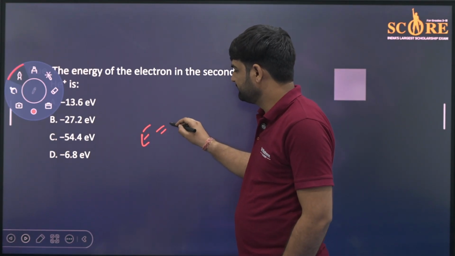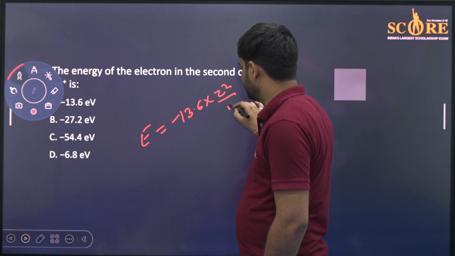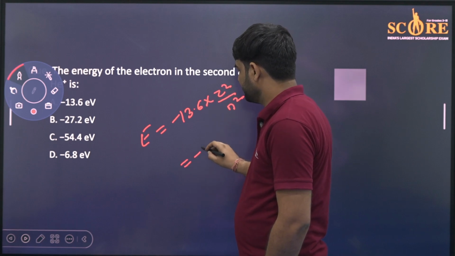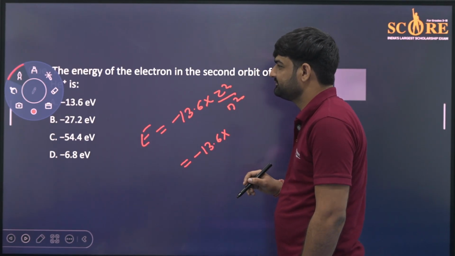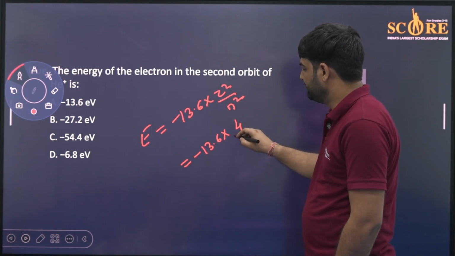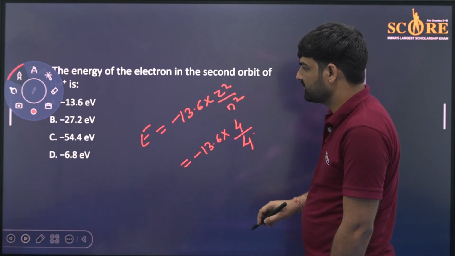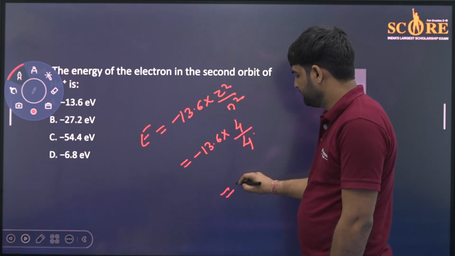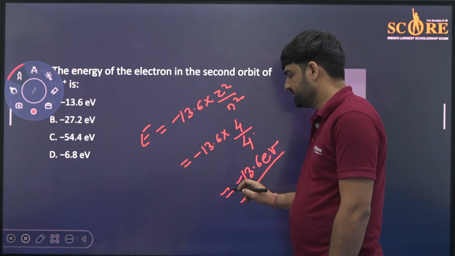Energy equals minus 13.6 Z square divided by n square. Where is Z? For helium plus this will be 2, and second orbit, n is 2. So your answer will be minus 13.6 electron volt.